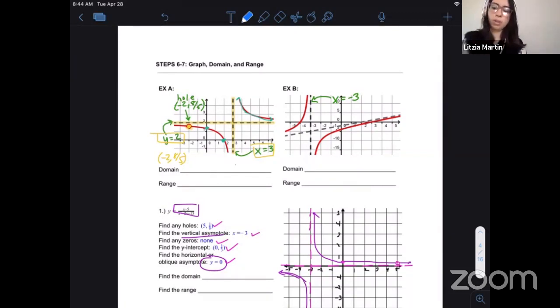Okay, we are ready to go. I believe they are posted. Let me double check and see. Find where these guys are.